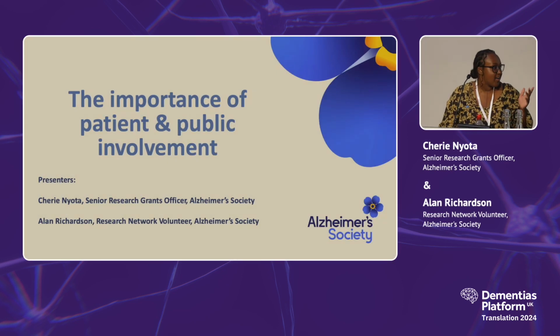I'm joined here by Alan, and I'll let Alan introduce himself. I'm a research network volunteer with the Alzheimer's Society. I was a carer for my late mother, who lived with dementia for 15 years, and I was a carer from beginning to end, including end of life. I started volunteering with Joint Dementia Research back in 2015, which is a joint partnership which includes Alzheimer's Research UK and also the Alzheimer's Society.